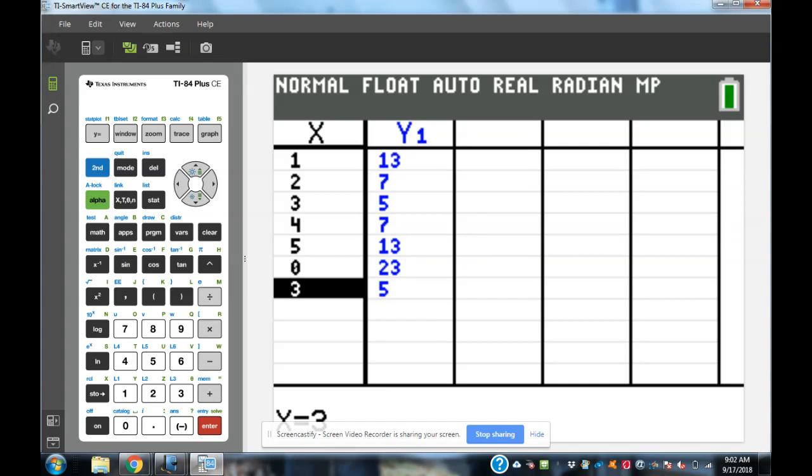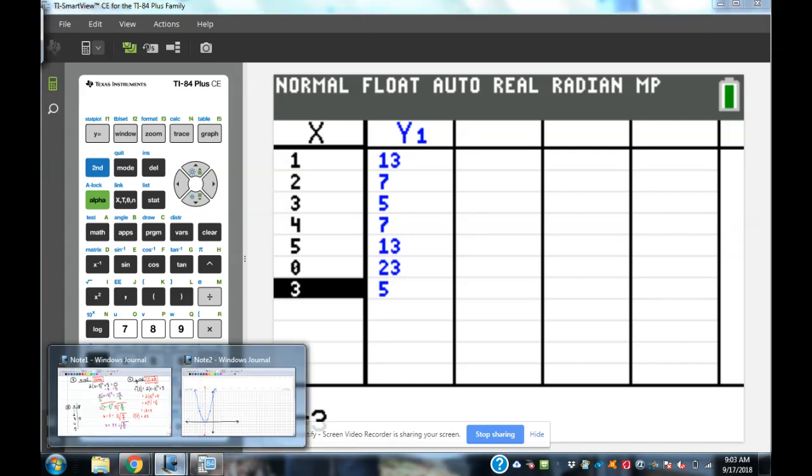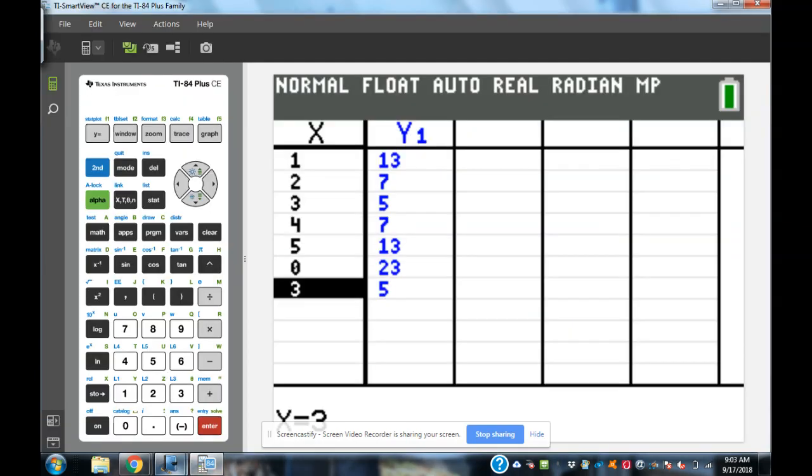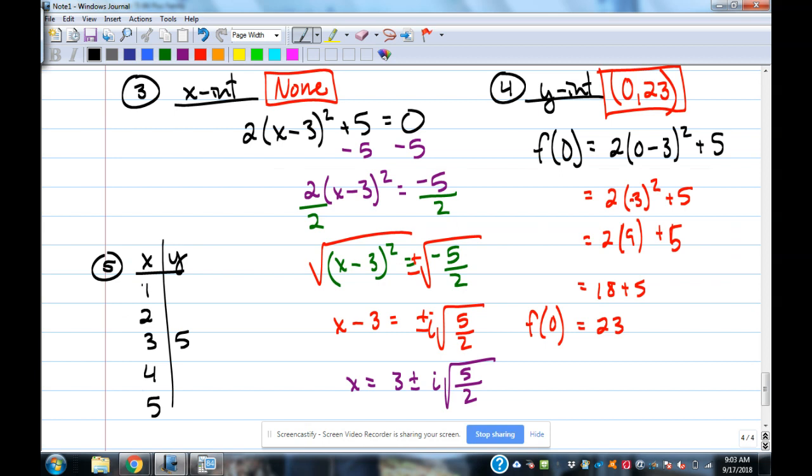And then I checked my y-intercept to make sure I got it right. That's what that 0 is for. 13, 7, there's my table. You should be able to plot those points on a graph if you needed to.